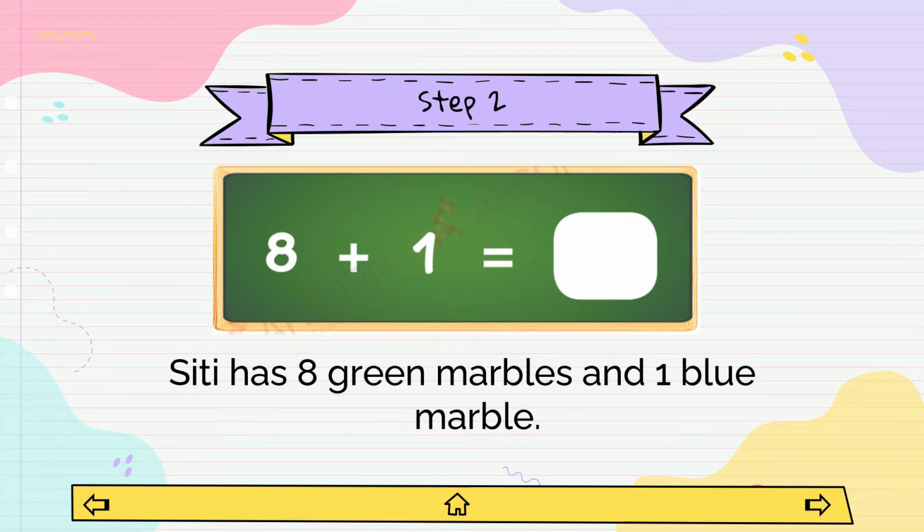Since we have 8, we're going to think of a person, for example, City has 8 green marbles. So for the 8, we create green marbles, and 1 blue marble.